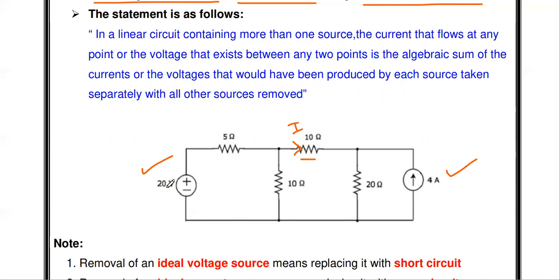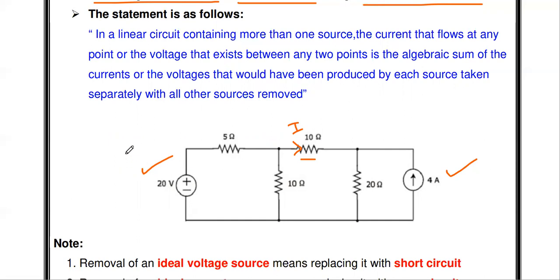Due to the 20 volt source there is some current flowing through this 10 ohm resistor, and due to the 4 amp current source also, current flows through the same resistor. To find the total current through this 10 ohm resistor and prove the superposition principle, first we activate one source.